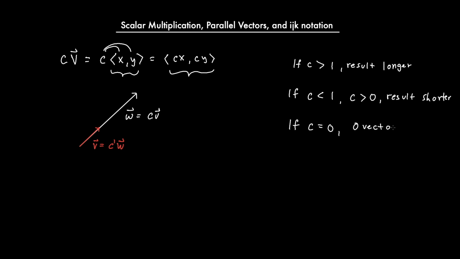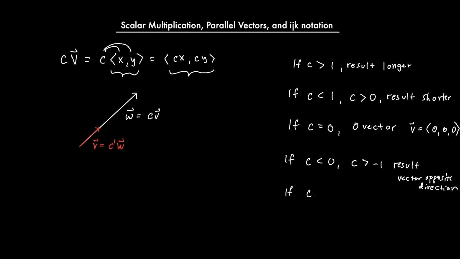And the 0 vector happens when all the components of the vector are 0. So the vector would be 0, 0, or 0, 0, 0, depending on how many dimensions you have. If c is negative, so c is less than 0, but c is greater than -1, then the result is the vector in the opposite direction but shorter. If c is less than -1, then the vector would be in the opposite direction but longer.